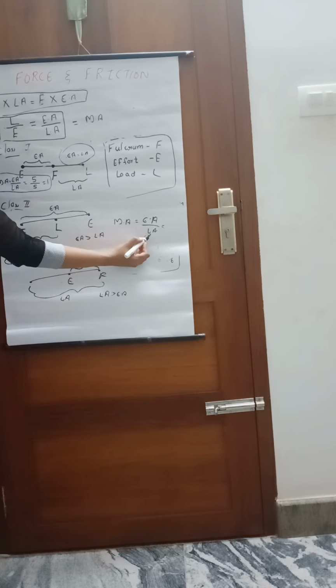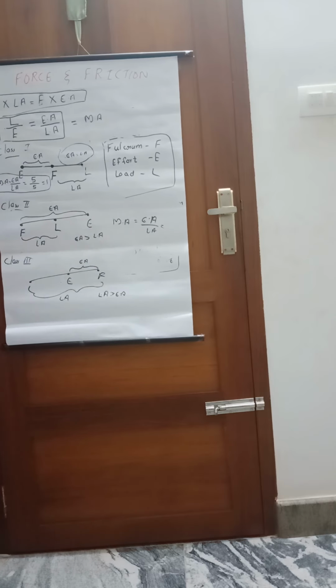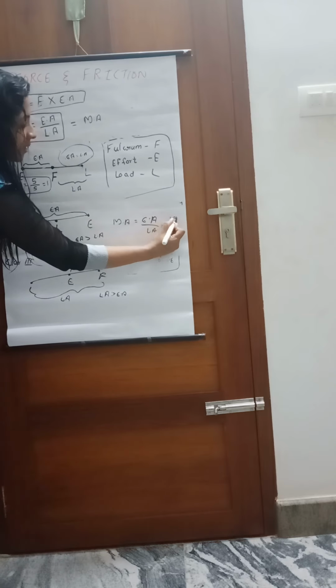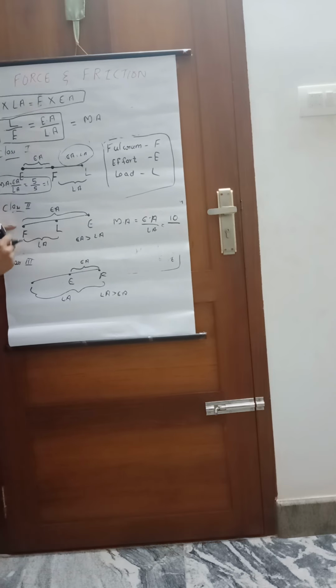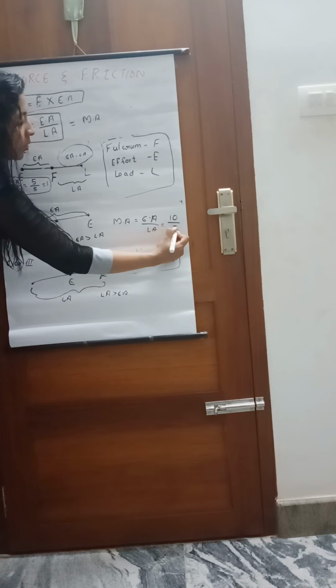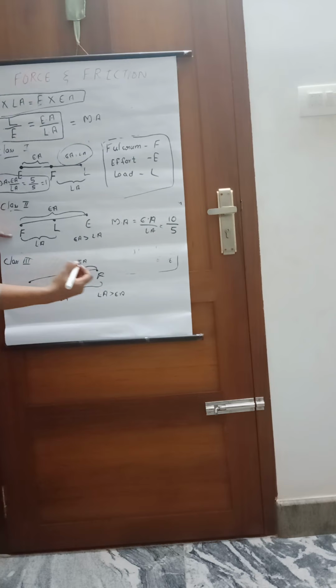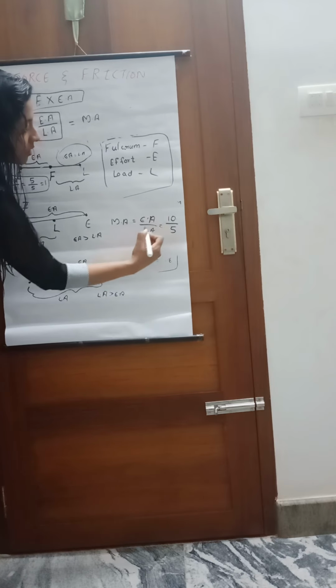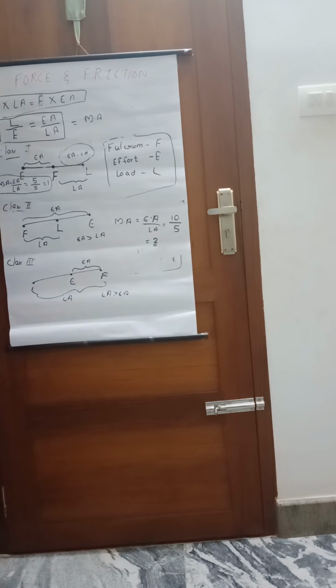If the denominator increases, the answer decreases. For example, let us consider effort arm as 10 and load arm as 5. So how much is mechanical advantage? It is equal to 10 by 5, that is equal to 2.